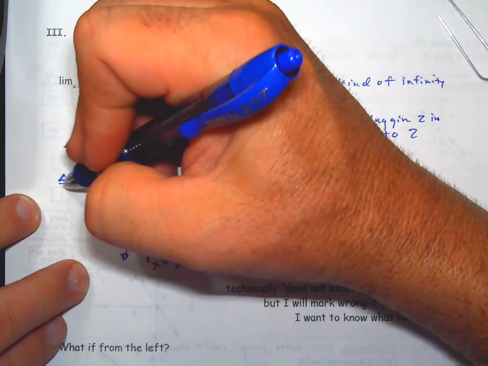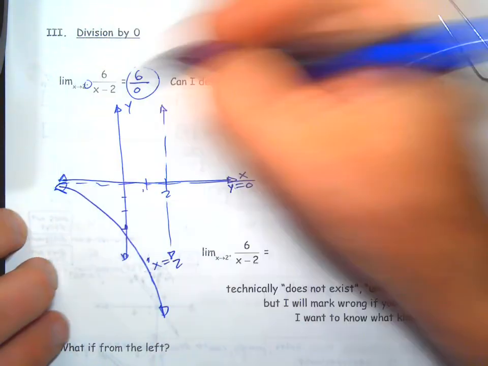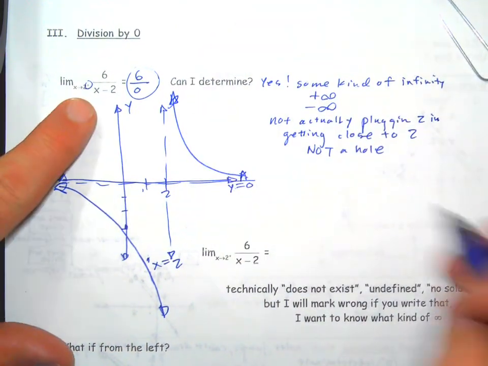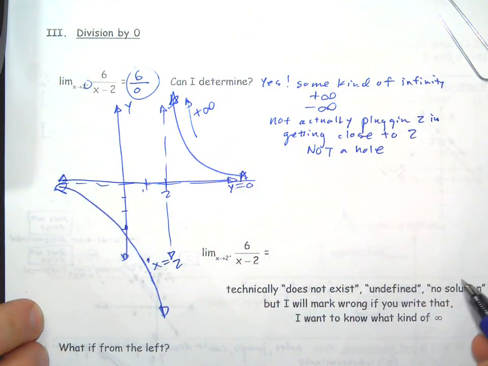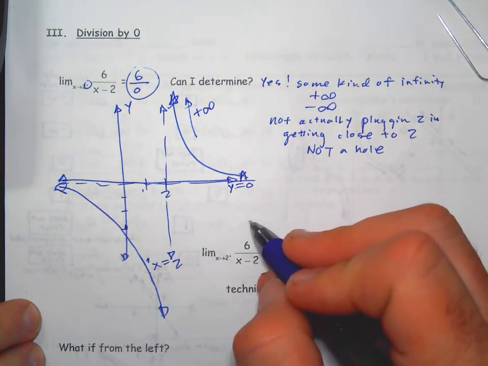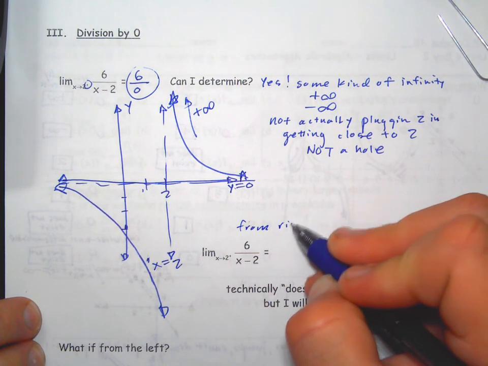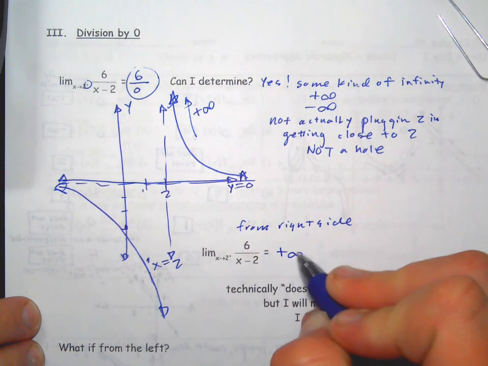So the graph kind of looks like this. And it looks kind of like this. So as we approach 2 from the right side, you can tell from the graph that it's going to positive infinity, right? So from the right side, it's going to positive infinity.